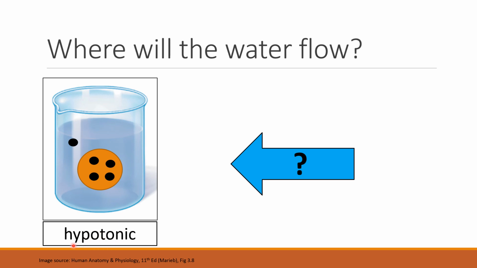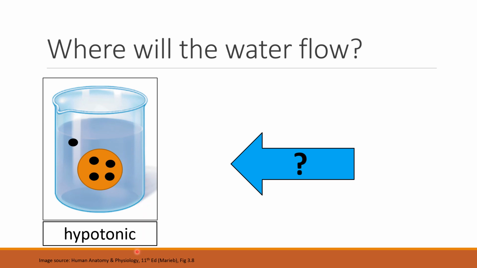So in this case, we're talking about a hypotonic solution. Hypo means low. So the solution itself is hypotonic, meaning that there are more particles inside of the cell compared to outside of the cell, right? Hypotonic, the solution is hypotonic. Relatively dilute is another way that you can say it.